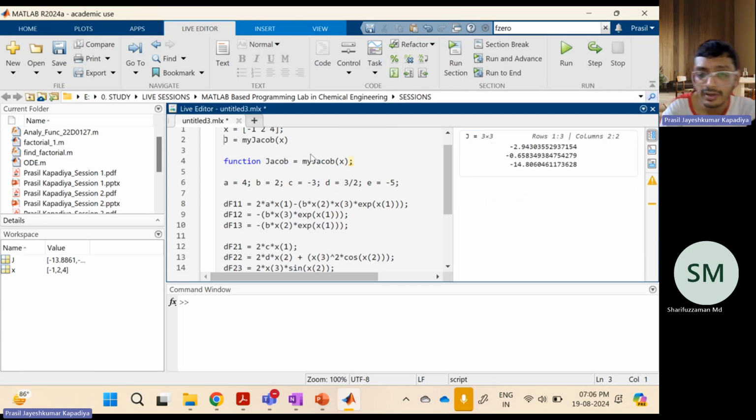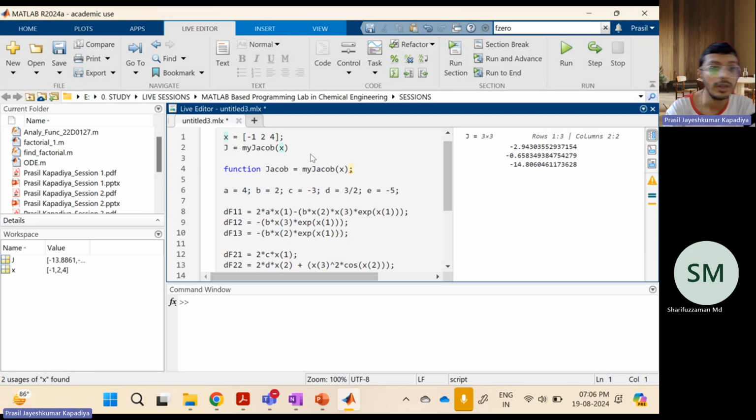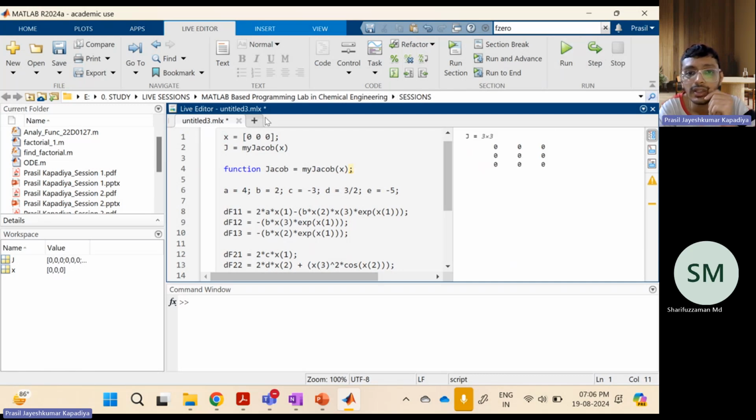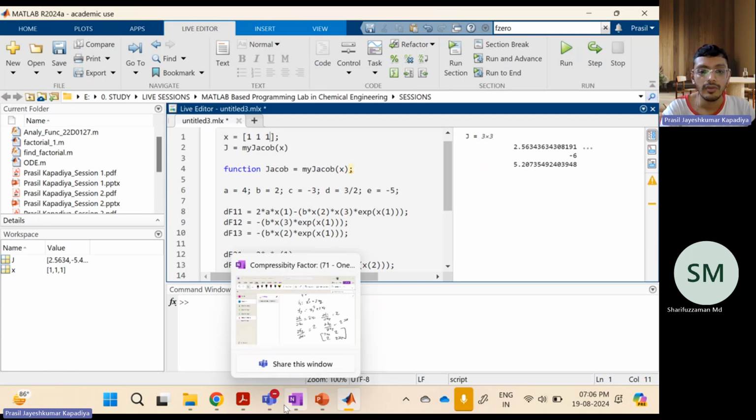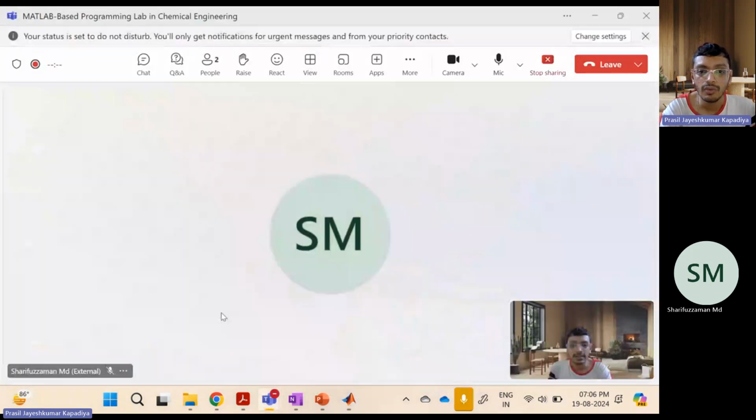So this is how we can find the Jacobian of a matrix. Let's say I'm changing my input to 0, 0, 0. It should be all 0, correct? For 1, 1, 1, it won't be 1, obviously, but it will be some value. So this is how we can calculate the Jacobian of a matrix.